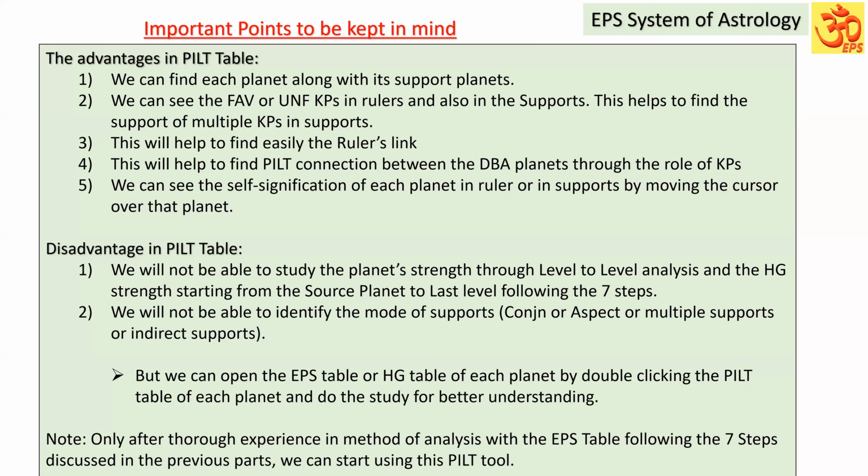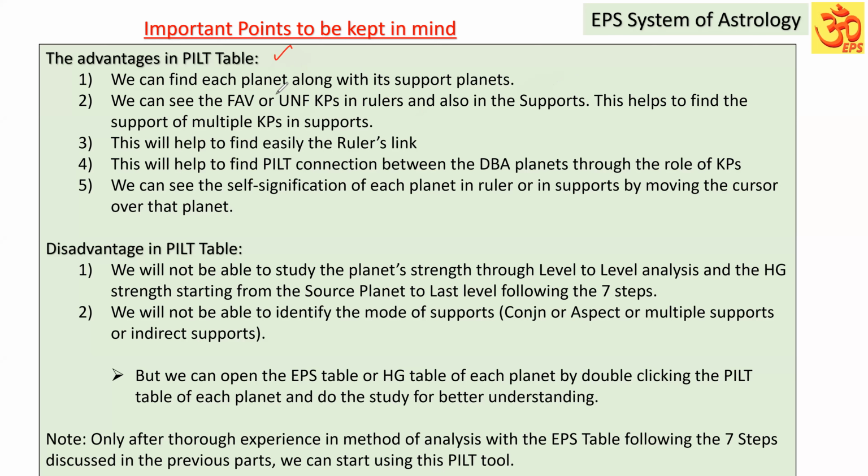Before going to study the steps, we have to look at the important points to be kept in mind. There are some advantages and also some disadvantages with the PILT table, though I have already explained. Just have a look at the advantages and disadvantages with respect to the PILT table. What are the advantages?